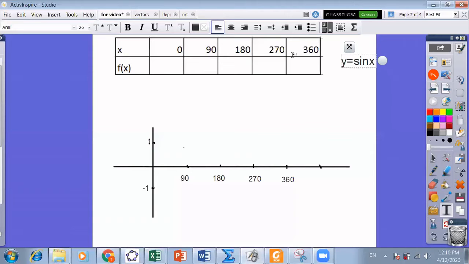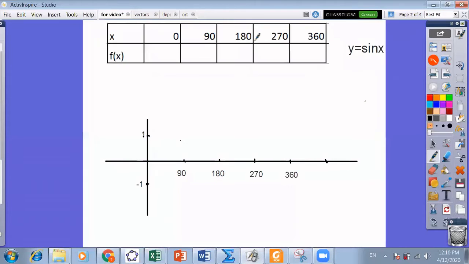I can also write it in pi, but I thought it would be easier to understand with numbers. If you want to see them in pi, 180 is pi, so 90 will be pi over 2, 270 is going to be 3 pi over 2, and 360 is 2 pi. So let's fill this table.